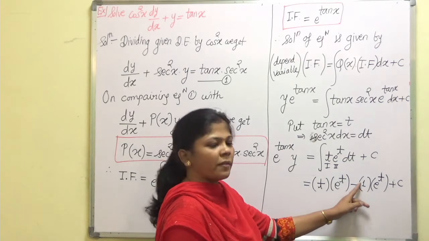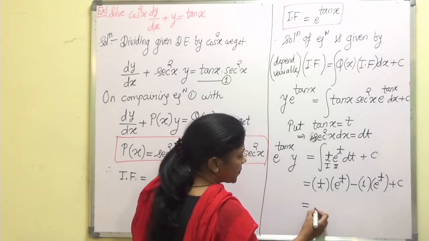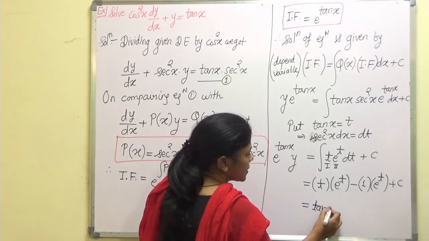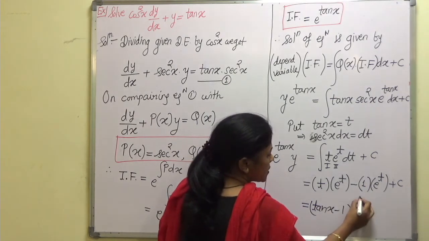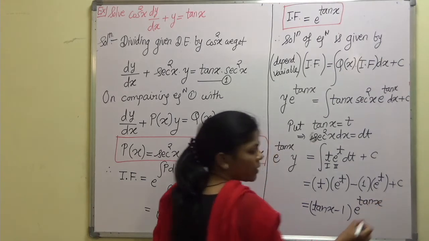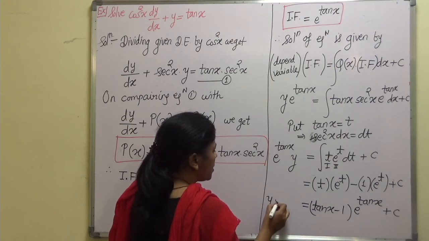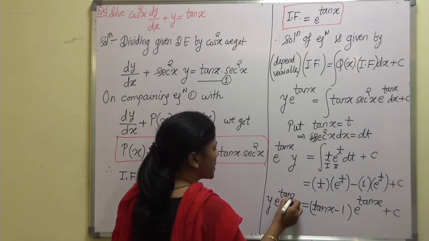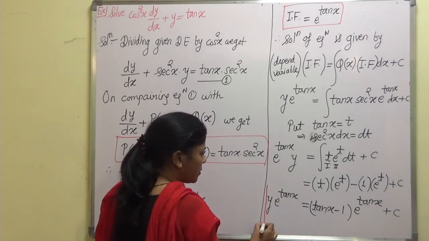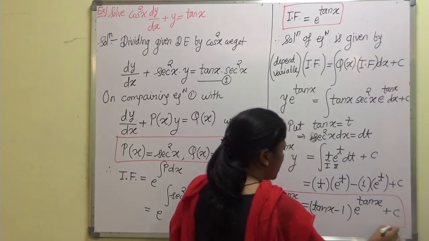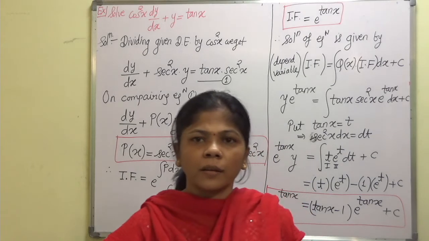In the next term, the derivative of 1 is 0, so the integration is over. Just replace the value of t. So it is tan x minus 1, and e raised to power tan x is common, plus c. So we have y into e raised to power tan x equal to this. If we wish, we can further write this by dividing by e raised to power tan x. Otherwise, this is sufficient as the final answer.